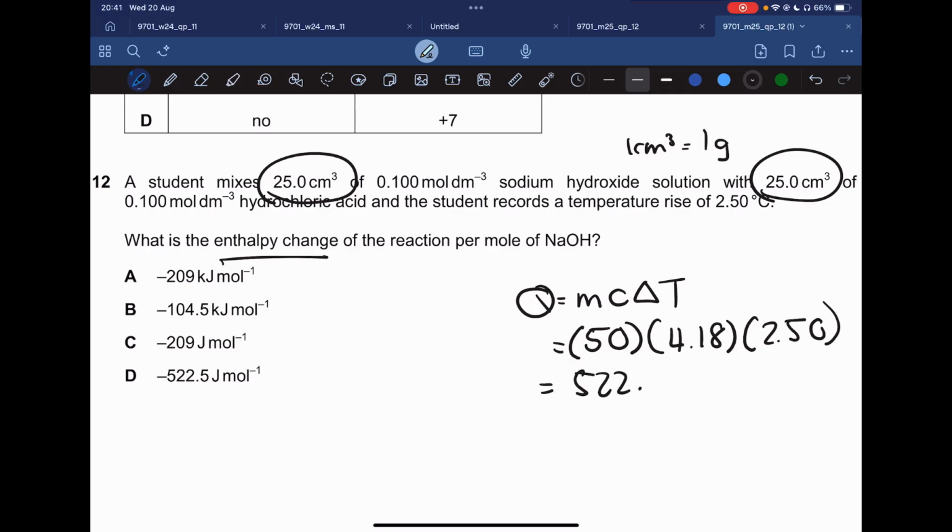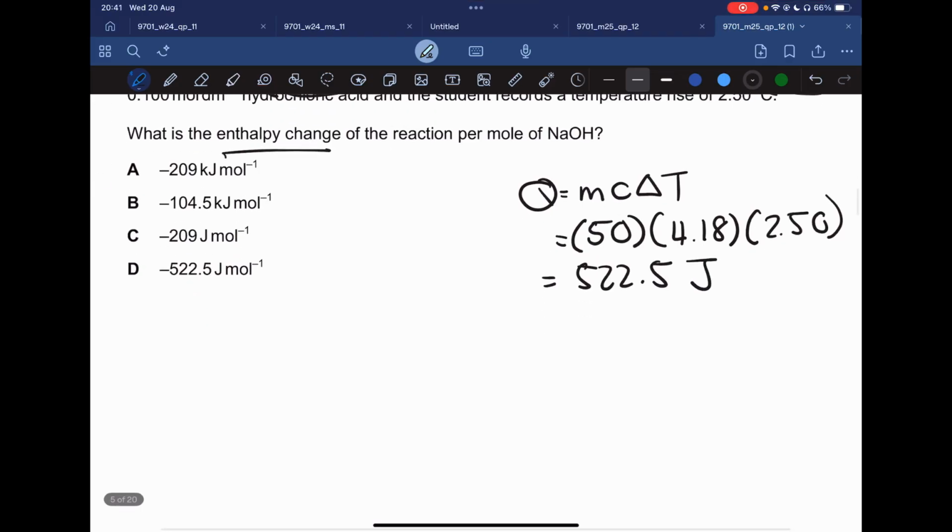So it's 522.5 joules. Now, to work out delta H, it is Q divided by n. Okay, this is 522.5.